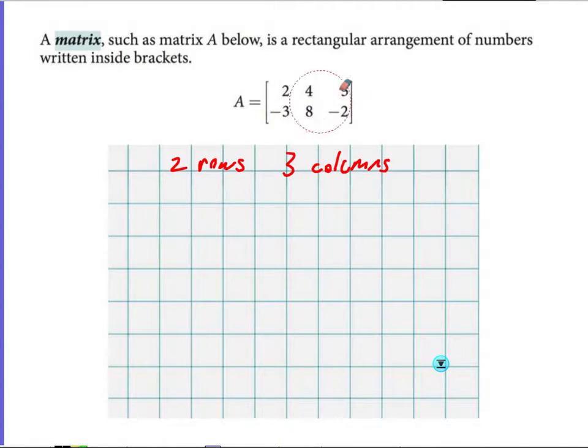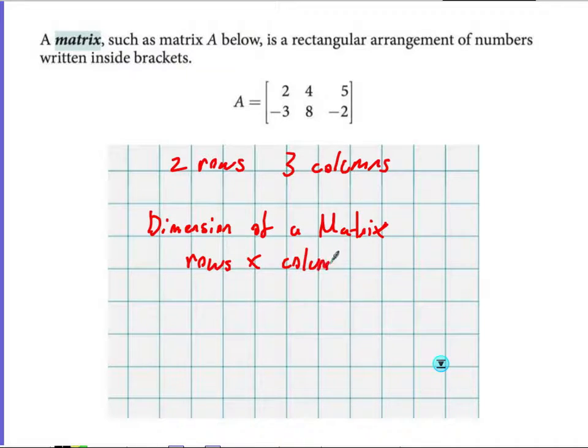Now, the very first thing that we want to learn about a matrix is the dimension of a matrix. The dimension of a matrix is going to be the number of rows by the number of columns. And it's always in this order.